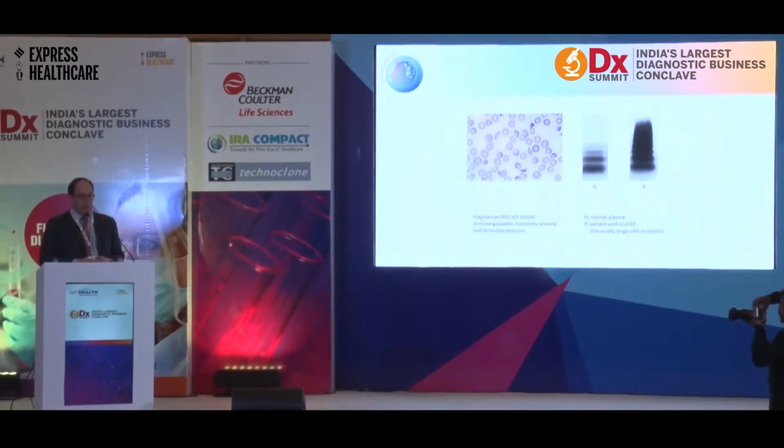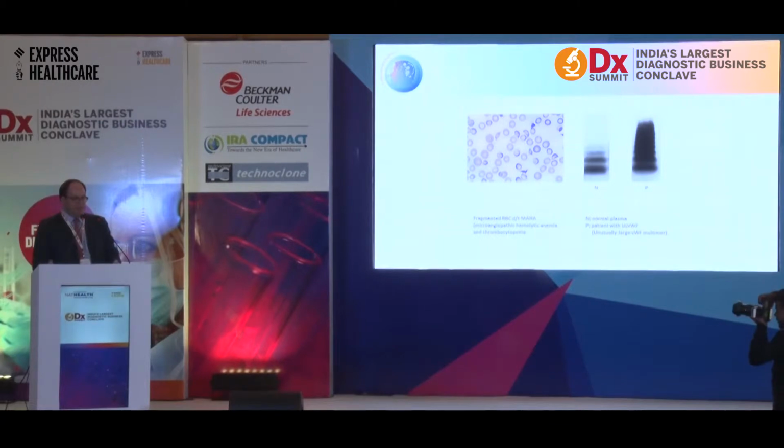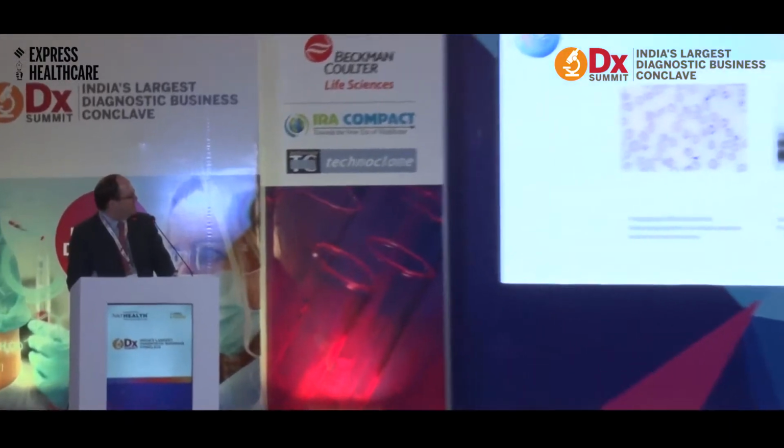And for those of you who are more knowledgeable about von Willebrand factor, there are unusually large von Willebrand factor multimers on the right panel, where there is the TTP patient, compared to the normal sample on the left.